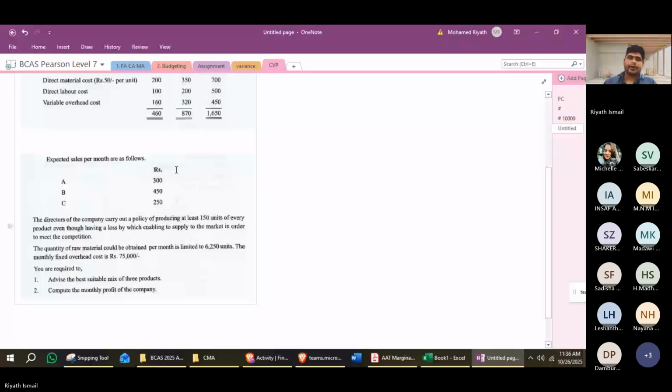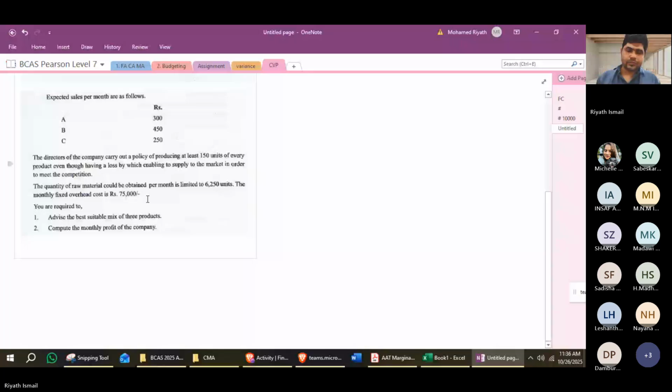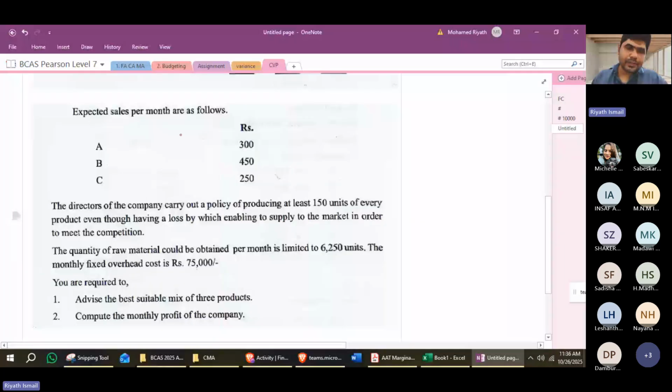Expected sales per month are as follows. A 300 units, B 450, C 250. The directors of the company carry out a policy of producing at least 150 units of each, even though they are facing a loss in the market by producing this product, in order to supply to the market and meet the competition.